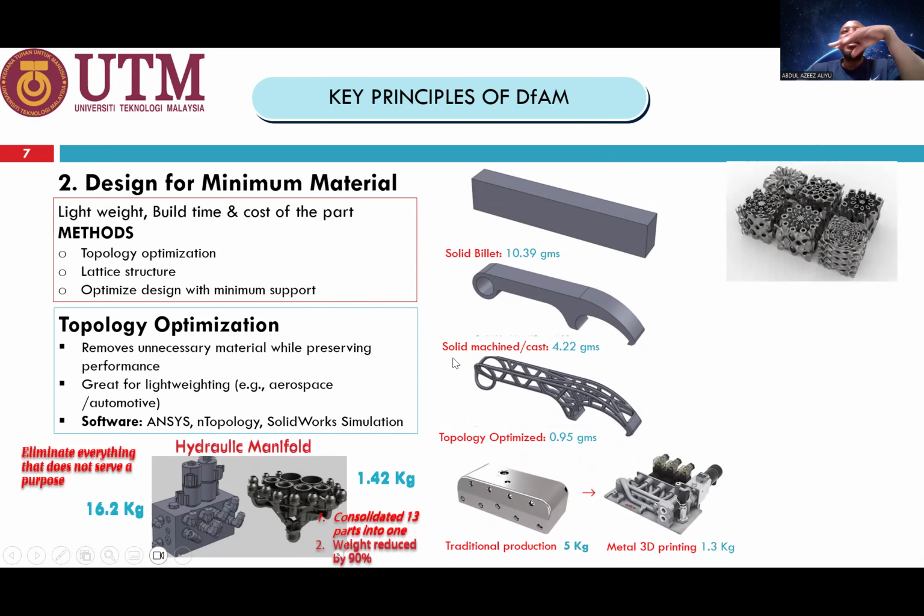The next is employing the concept of lattice structures. We have various lattice structures or honeycomb structures. You can employ this, integrated on certain components that require maybe porosity in their structure, just like this carburetor.